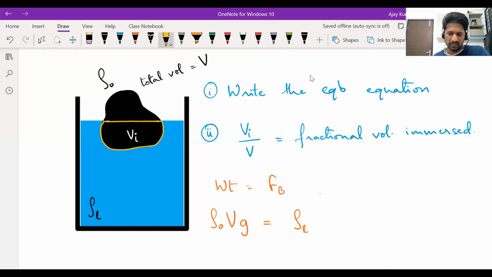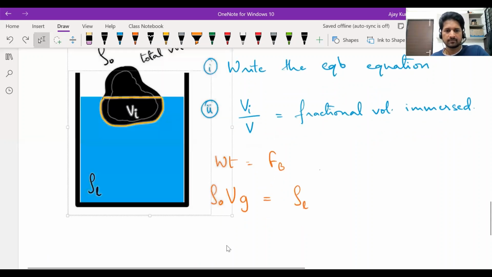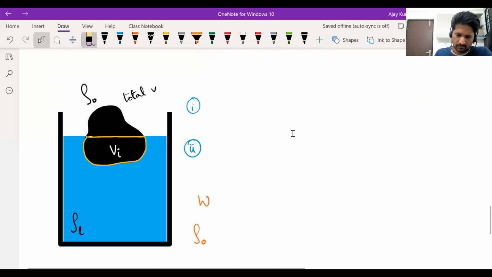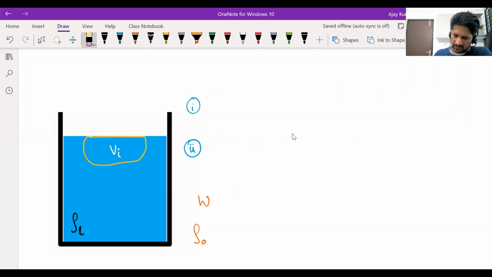What I mean is, had that space been filled with the liquid itself, the forces from the surrounding liquid would have kept it in equilibrium. That is how much the buoyant force is.